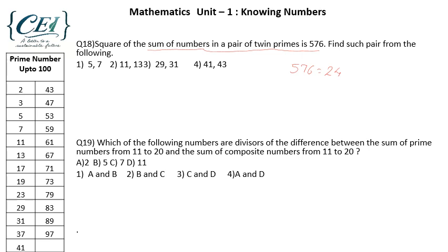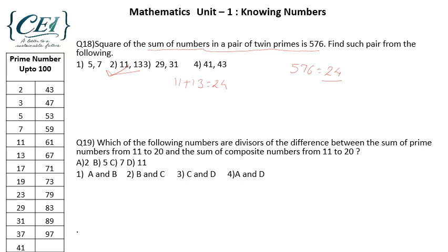So 24 is the number. Now what is this 24? It is the sum of the numbers in a pair of twin primes. The sum of those numbers is 24. Which is that pair? That is 11 and 13. 11 plus 13 is equal to 24. So this is the correct answer.